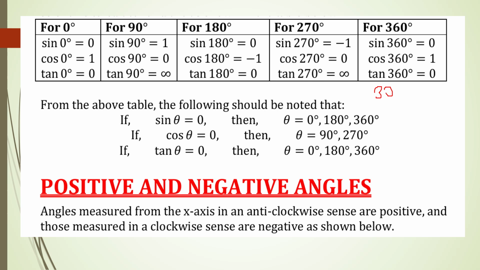We have looked at 30 degrees, and I hope by now you know how to express them into their corresponding ratios. And then you have also looked at 60 degrees, and I hope you've also learned how to convert them into their respective ratios. And you have also looked at 45 degrees.